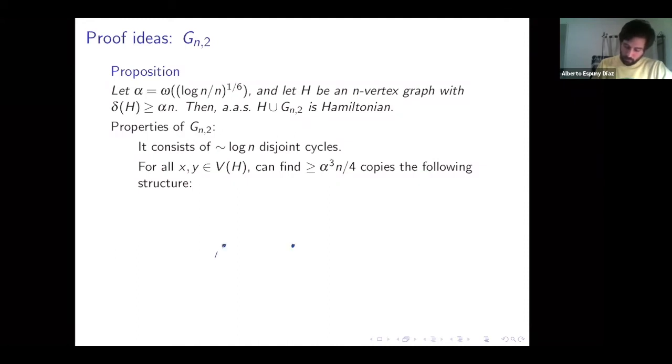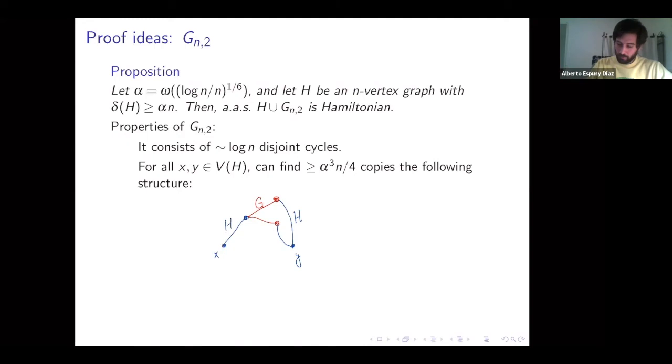Let's call them X and Y. And what I want to prove is that there is some vertex in H such that both of its neighbors in the random graph, so this red would be G, are neighbors of Y in H as well. And this is not true if the neighborhood of Y is too small, which is why here I have given a sort of not tight bound on alpha.